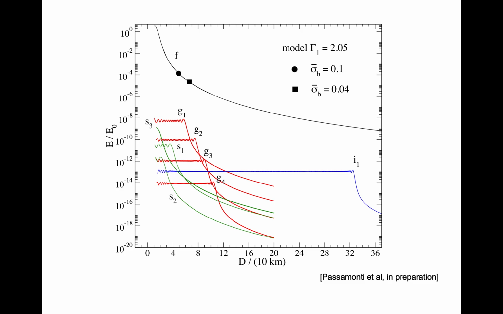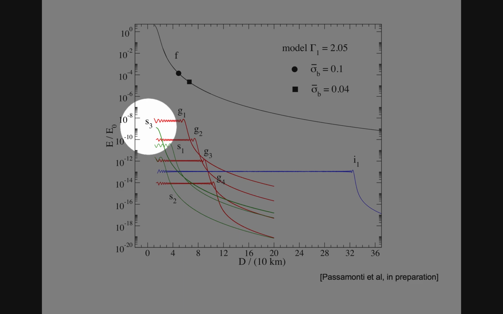Then I have two features that are associated with the neutron star crust. The outer 1 kilometer or so of the neutron star is elastic, and I have the shear oscillations in the crust, which are called S1, S2, S3 here, which is how the crust itself oscillates. You see, this is a feature that's even weaker than the G mode, so it's probably irrelevant from all observational points of view, but conceptually it's still important.